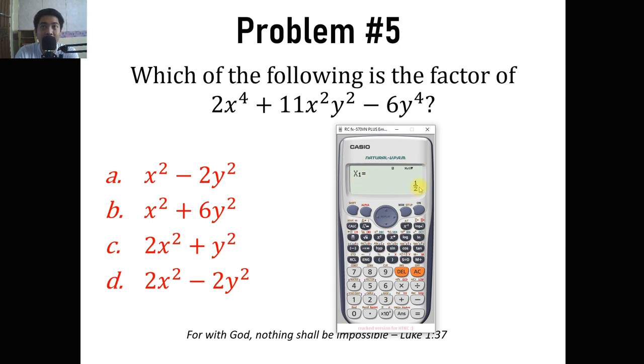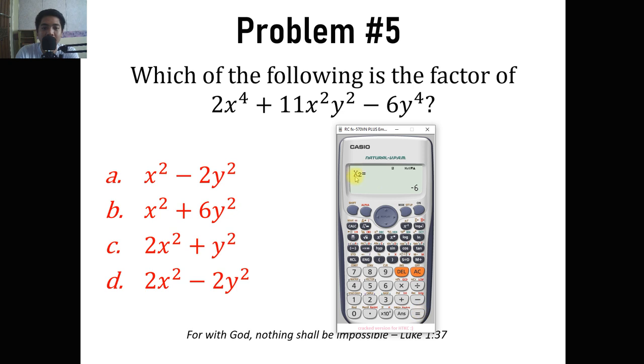That's a factor. And another one is x squared equals negative 6y squared. Looking at the choices, we have two factors, but we only have one answer, since the choices have only one factor.